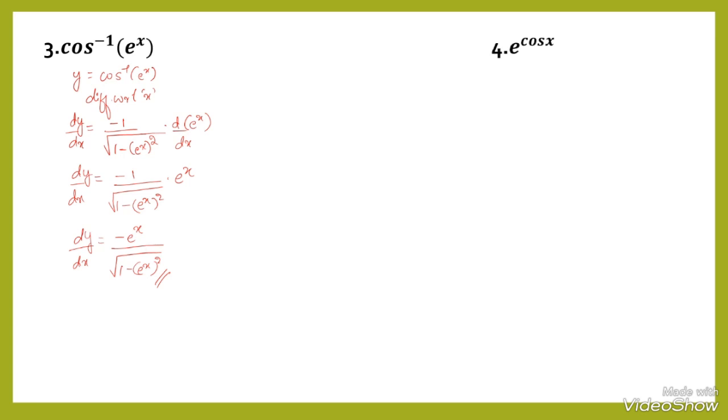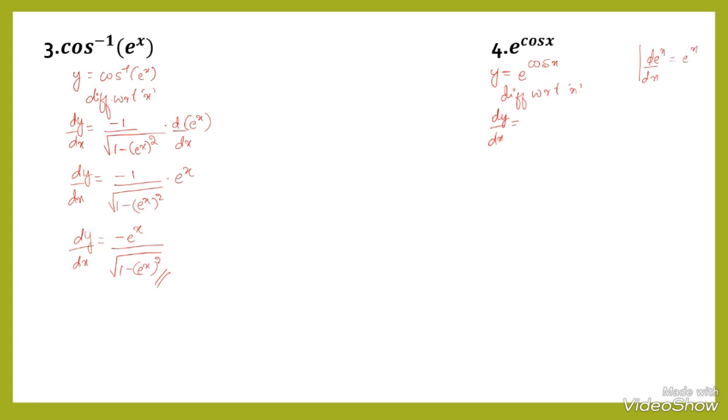Question number 4. I can consider y is equal to e to the power cos x. Now differentiate with respect to x. Again it becomes dy by dx. Now differentiation of e to the power x will be e to the power x only.